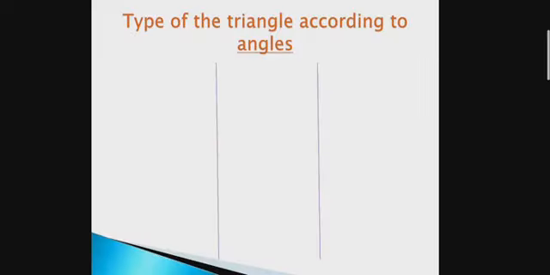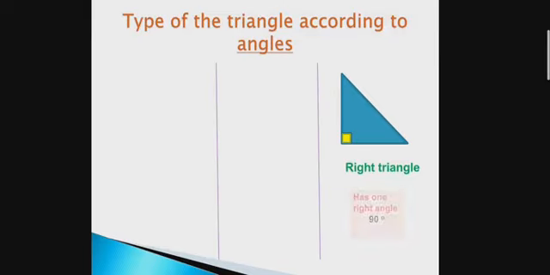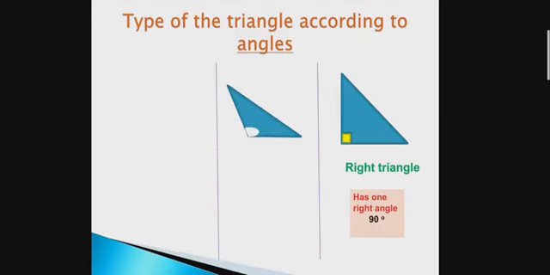Now let's see what the type of the triangle is according to angles. First type. This triangle has only one right angle. We call this triangle a right triangle. It has only one right angle, but the other two angles are acute. Second, look at this triangle.